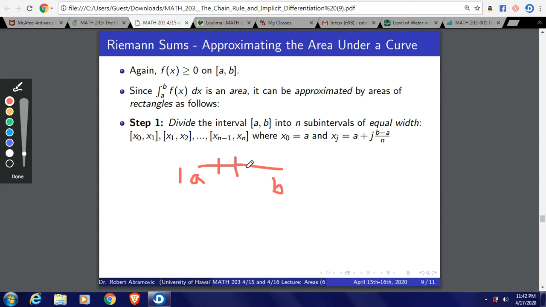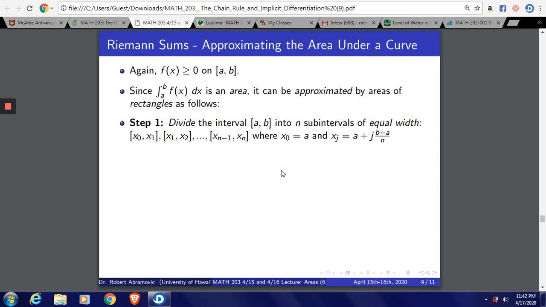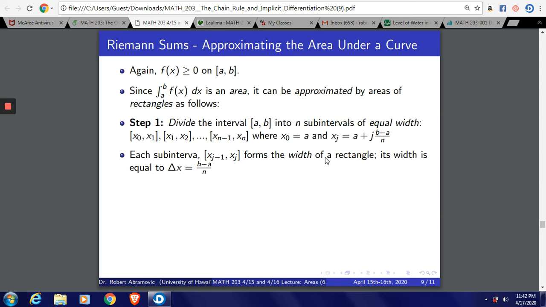So you can see there are 4 subintervals. 1, 2, 3, 4. And that would have been an example where n was equal to 4. You divide this into n subintervals of equal width. The equal width is b minus a over n, and it forms the width of a rectangle that's going to be constructed over it.